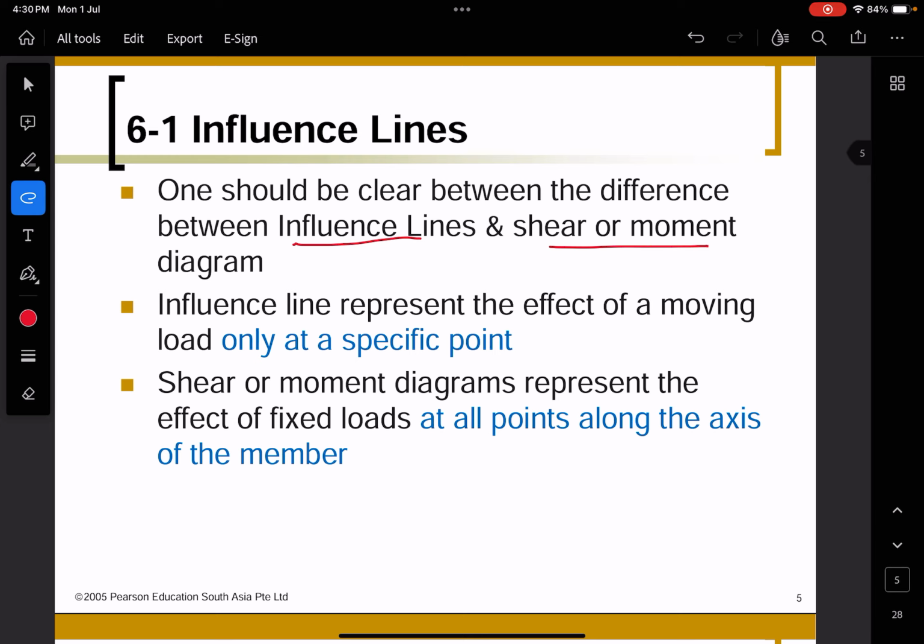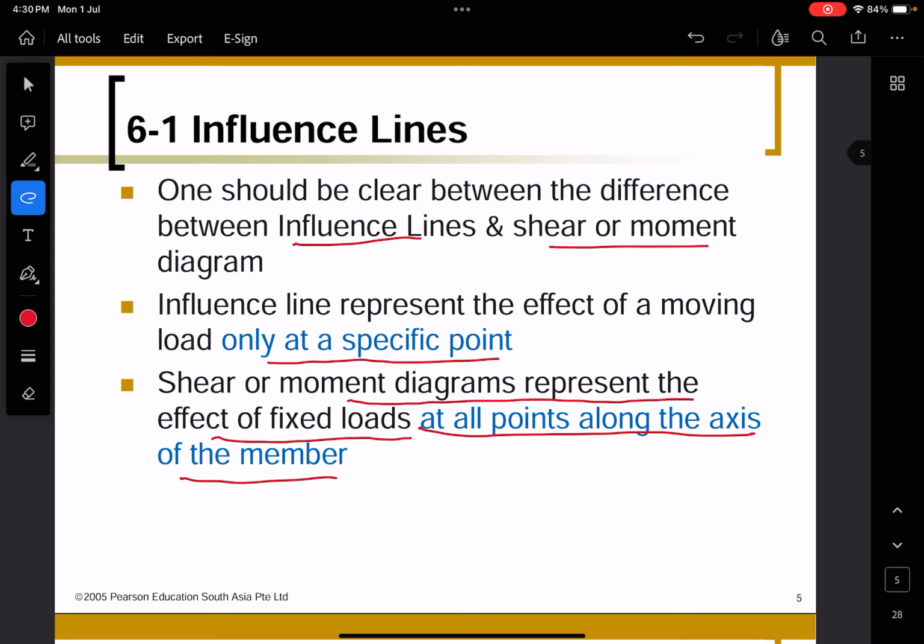The shear and moment diagram represents the effect of a fixed load at all points along the axis of the member. So the shear force and bending moment diagram will show the value of the moment along the bridge or along the element. But the influence line only shows the shear or the moment at one specific point.